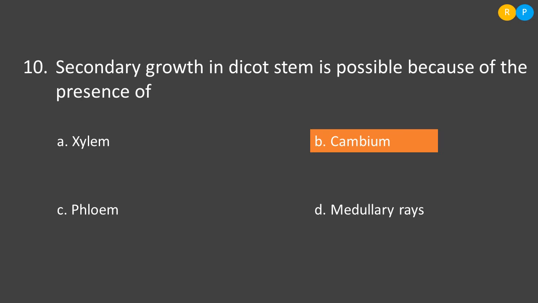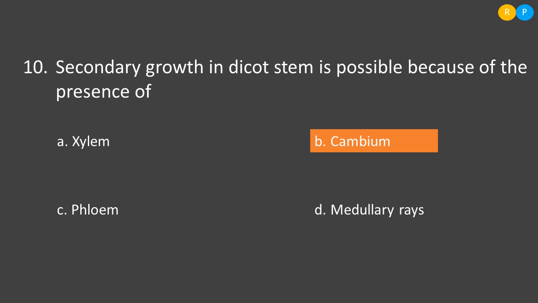Is the next one, secondary growth in dicot stem is possible because of the presence of. So secondary growth takes place in the vascular bundle region as well as in the cortex region. So in order to form secondary tissues, the plant in both the regions should consist of cambium. Clear?